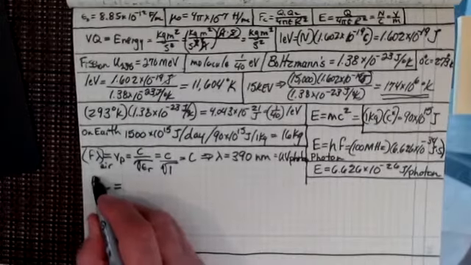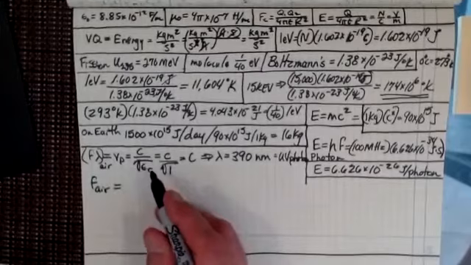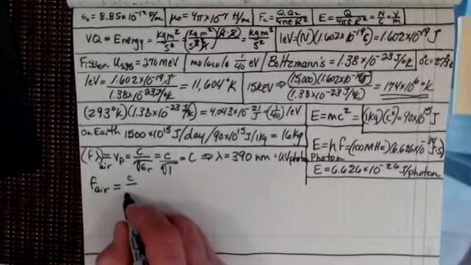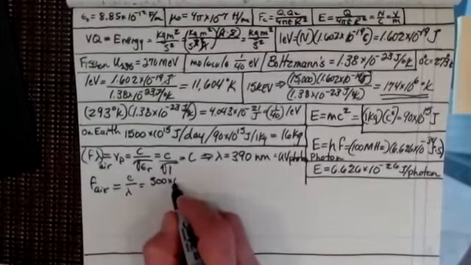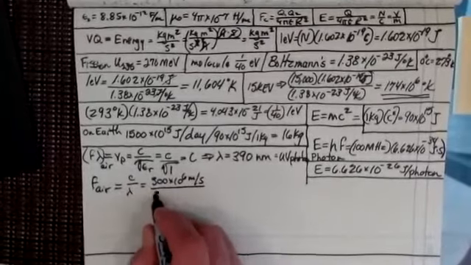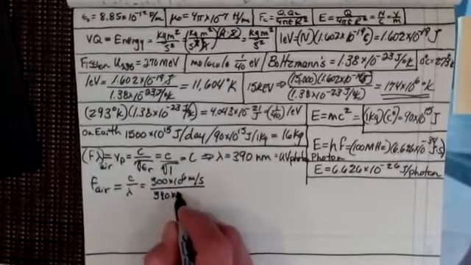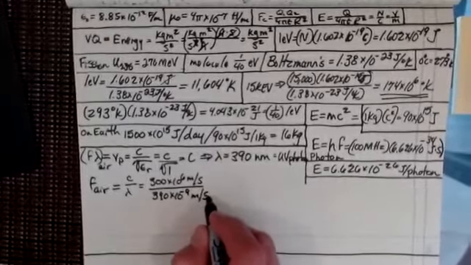So the frequency in the air for this is going to be the speed of light divided by the wavelength. Well, that would be 300 times 10 to the 6 meters per second divided by my wavelength, which is 390 times 10 to the minus 9 meters.